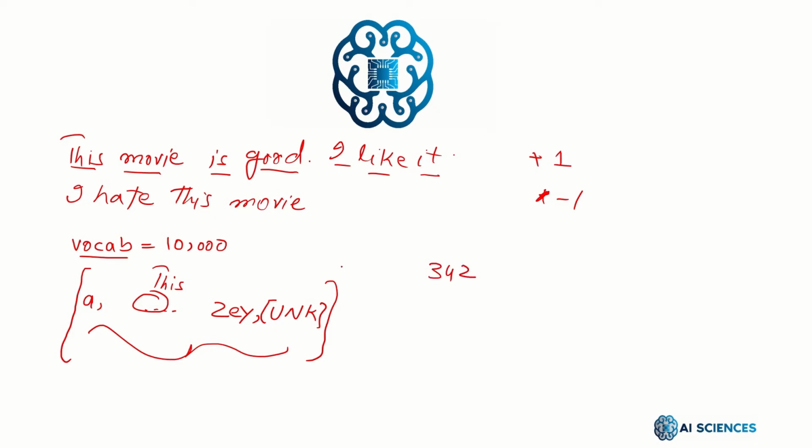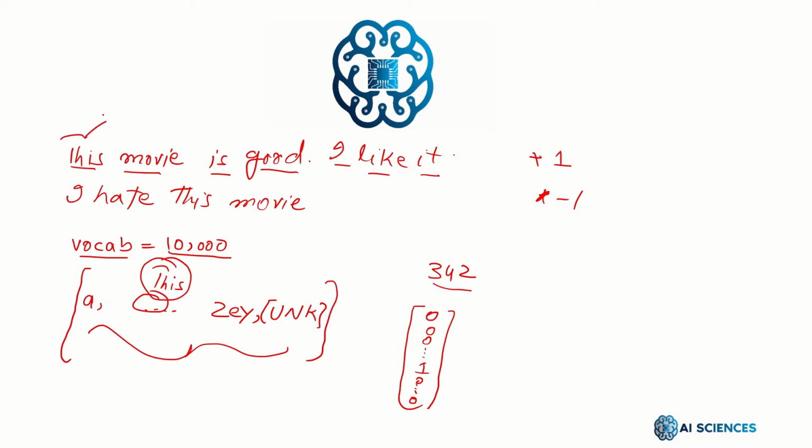A one-hot encoding for the word "this" will be a vector with 10,000 components. All the components are 0, but index 342 is 1. So this is a 10,000 dimensional feature vector, sometimes called a one-hot encoding vector.